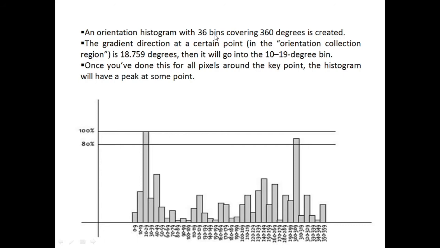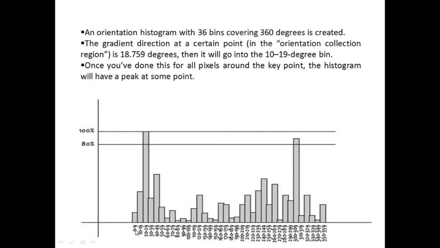So why are only 36 bins in the histogram considered for the 360 degrees of rotation or view? In the histogram image I have 0 to 9 as one bin, 10 to 19 as one bin.